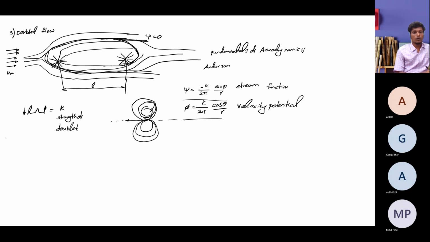Before going to the vortex flow, I just want to show you how flow over a cylinder can be generated. Flow over a cylinder is a combination of uniform flow and doublet flow.